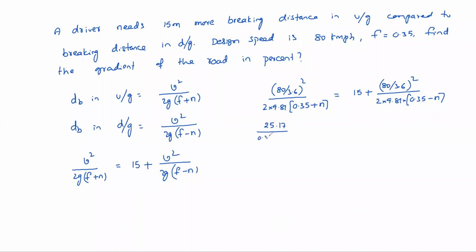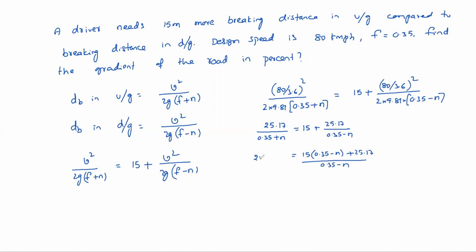So 25.17 by (0.35 plus n) equals 15 plus 25.17 by (0.35 minus n). Okay. That equals 15 into (0.35 minus n) plus 25.17 by (0.35 minus n).